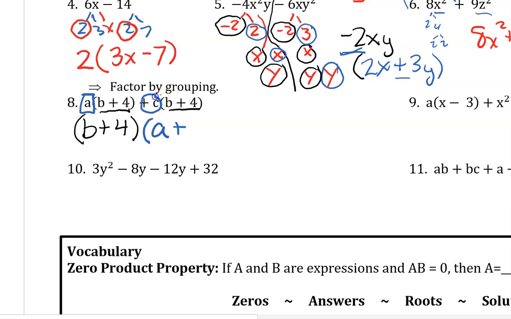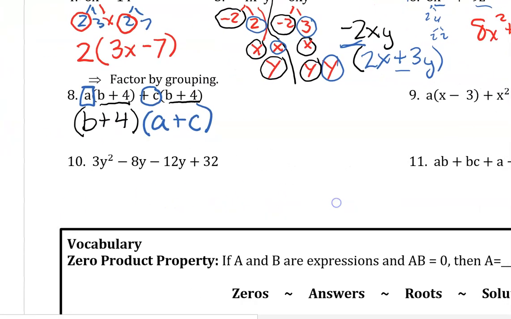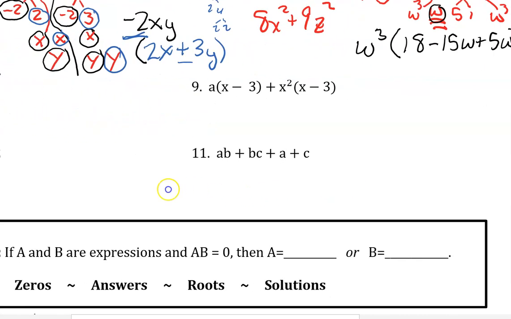Plus, in the second term, it's being multiplied by c. So that was already factored for us, but what we're in general doing is we're trying to find something that we can take out from the beginning of our expression that is the exact same as something we can factor out of the last part of our expression.